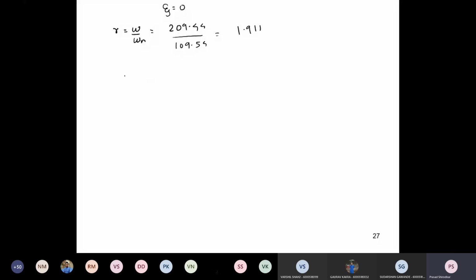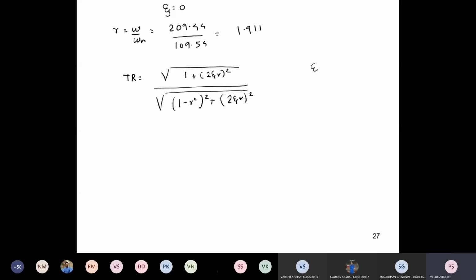Alright. So now transmissibility ratio TR is equal to square root of (1 plus (2 zeta R) whole square) divided by square root of (1 minus R square) whole square plus (2 zeta R) whole square. Okay. So now here substitute zeta is equal to 0, and so TR becomes 1 upon R square minus 1.